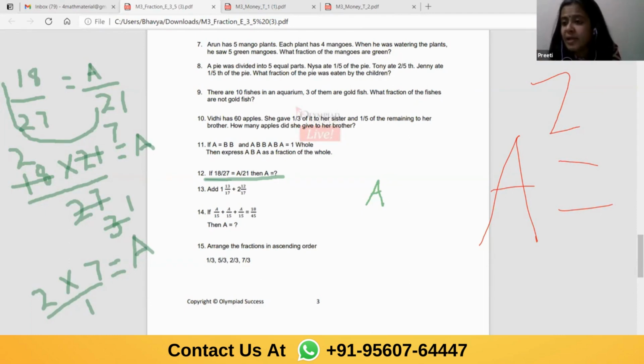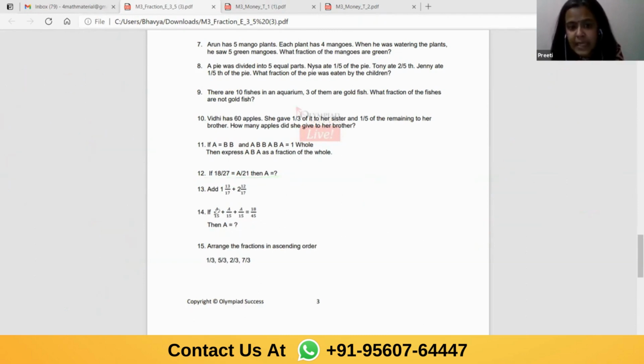In the same way, I will be explaining you now question number 14. So this should be clear to you. Okay, you say clear, then now let me solve question number 14 in the same way. See, on left hand side, I have A upon 15 plus A upon 15 plus A upon 15.